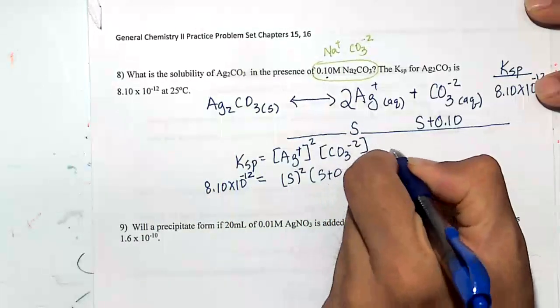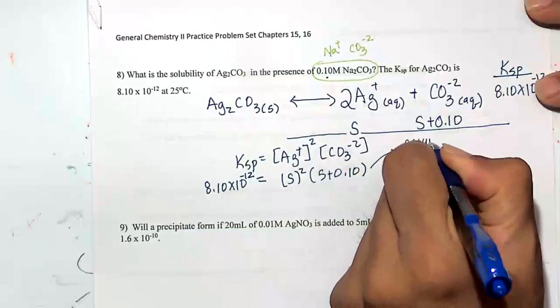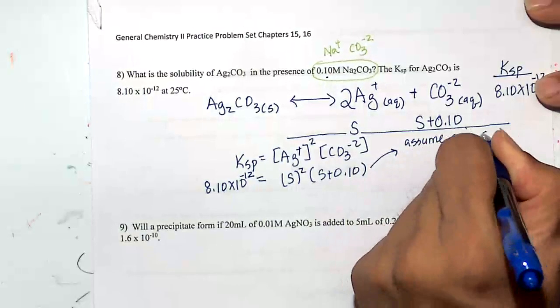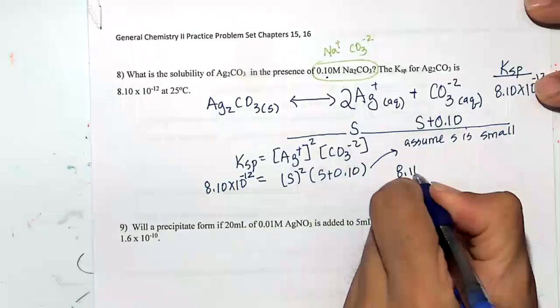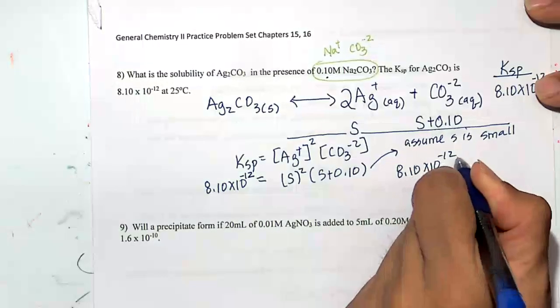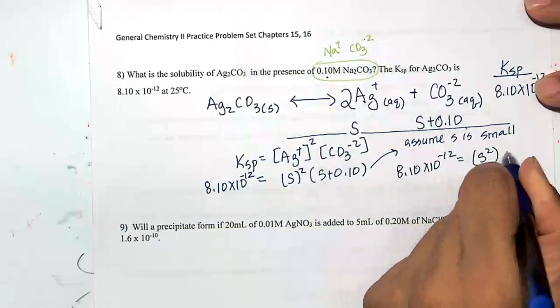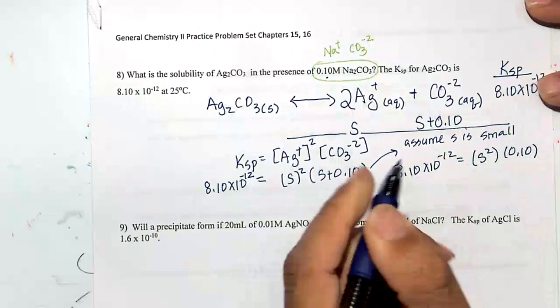All right, so we assume S is small. So that's going to be 8.1 times 10 to the minus 12 equals S squared times 0.10.